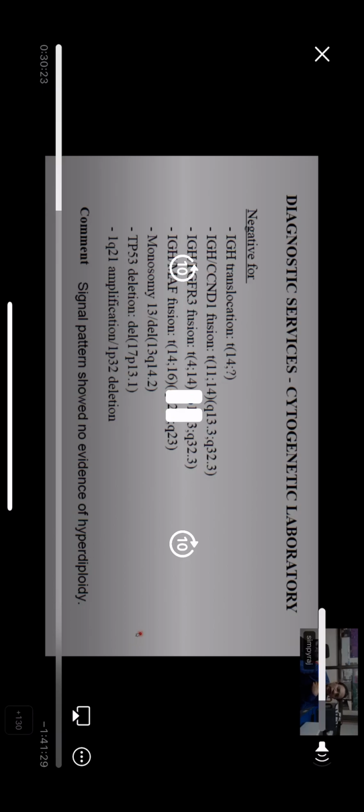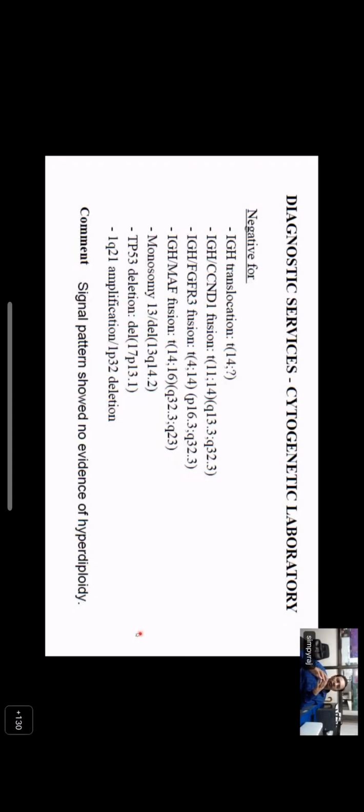So we have done cytogenetics, and cytogenetics has come out to be negative for all these translocations which are commonly used, especially on chromosome 14, where you have the genes for heavy chain immunoglobulins. Okay, so you have the IgH gene located on chromosome 14. This is a disease of immunoglobulin, so we see abnormalities, mutations, and translocations on chromosome 14.